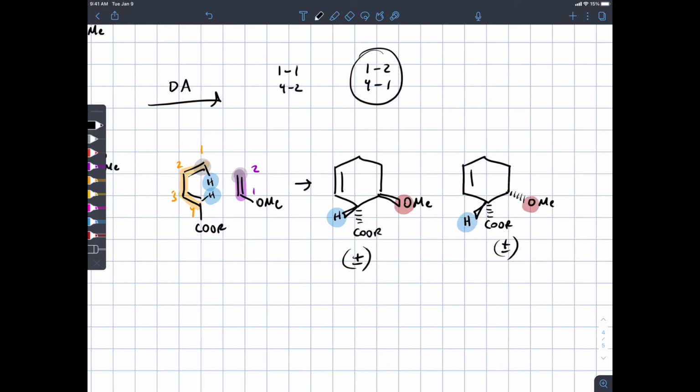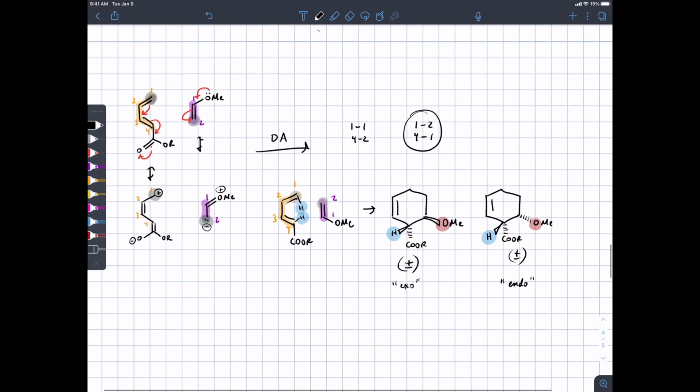We could technically call this diastereomer the exo diastereomer, and this one the endo diastereomer. But doing so would probably be pointless because of the few substituents we have on each group. I would simply want you to draw me both of them, but to draw the correct regioisomeric outcome.